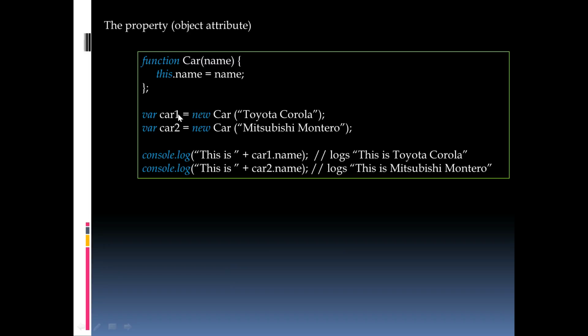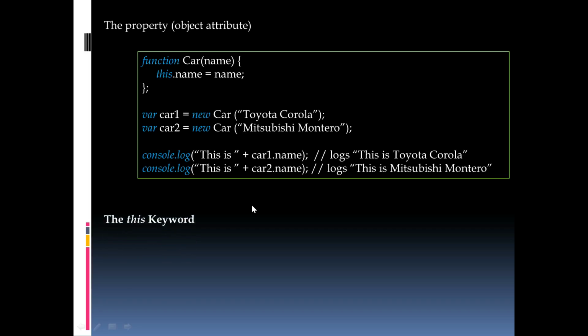And we can call the constructor with the new name Toyota Corolla and output it with the new variable car1. So this can be outputted as 'This is' plus car1.name, and it will log as 'This is Toyota Corolla'. The same thing for car number 2, which is the Mitsubishi Montero.